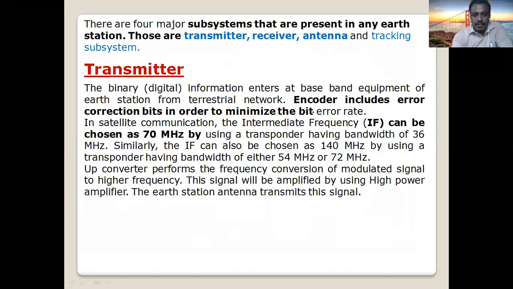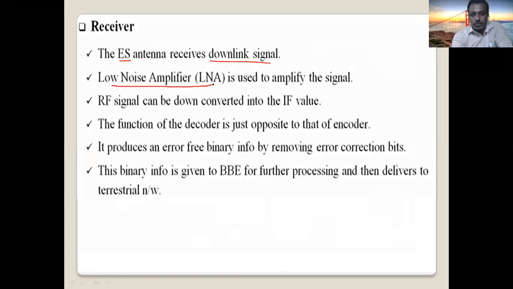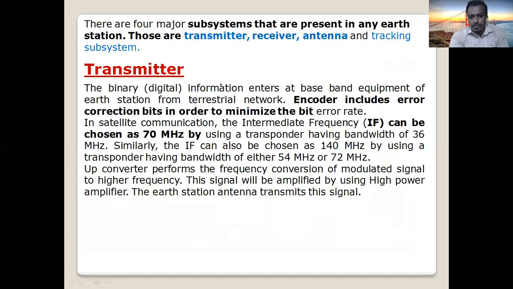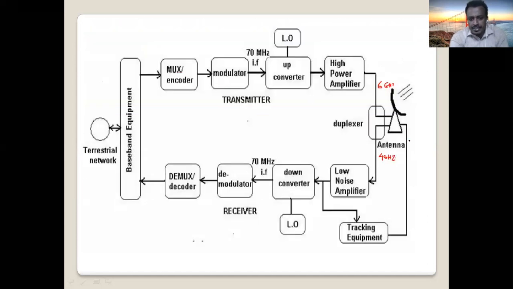Next we have a device that we have discussed before, which also exists in the space segment: the low noise amplifier. This amplifier provides very high gain. What are the characteristics of a low noise amplifier? High gain, but it generates a very small amount of noise. Last time I showed you a low noise amplifier with a gain of 60 dB.